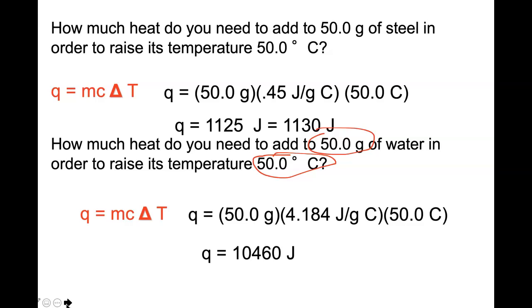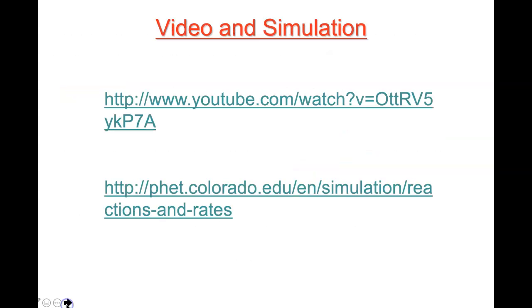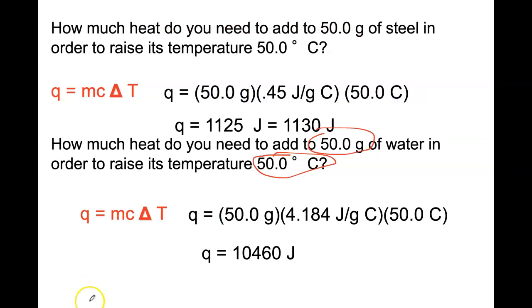That's our quantity of energy to change the temperature of the water. And then I would need to round that to 10,500 is what we would need to round that to have only 3 significant figures. I left 4 significant figures in there, but you would want to round it.